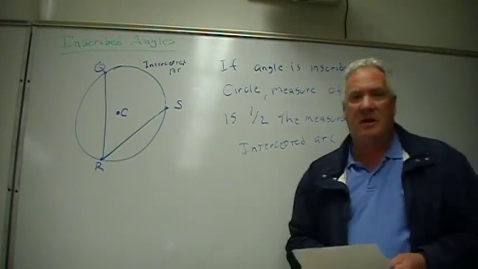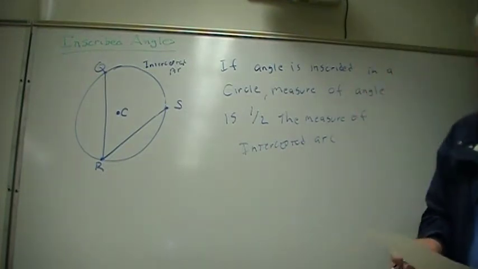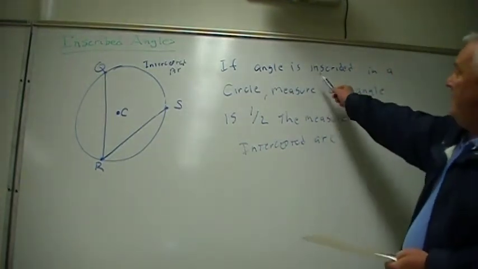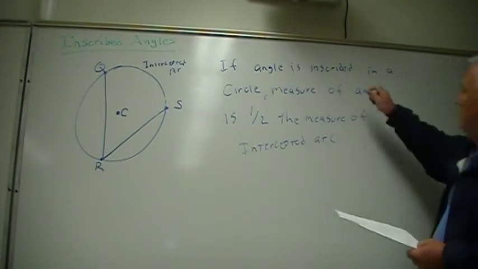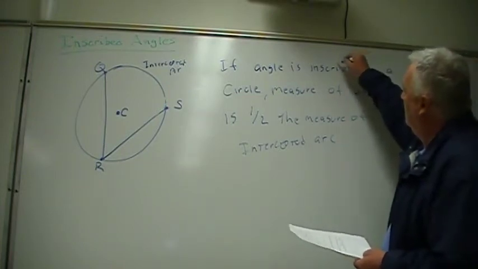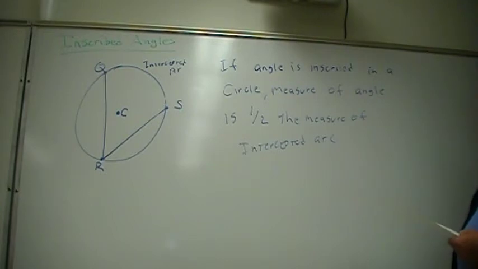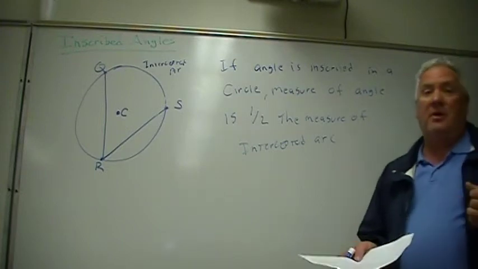Thanks for your patience while I wrote that. The theorem says, if an angle is inscribed in a circle, the measure of the angle is 1/2 the measure of the intercepted arc.